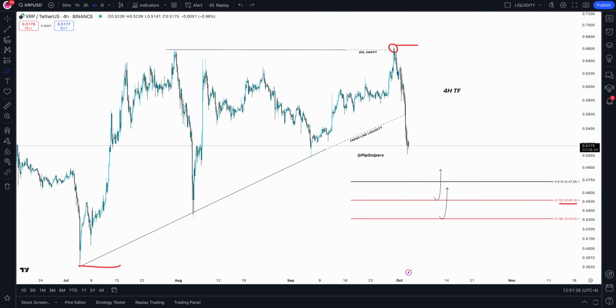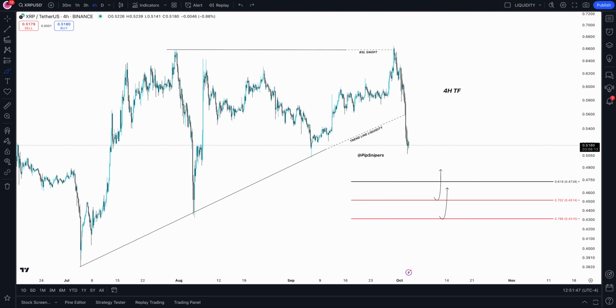Okay, so just to recap, we took out the liquidity resting above these range highs. The only liquidity we have left is the liquidity resting underneath this trend line. Okay, we already took out some of that liquidity, but it looks like we still have a little bit more downside to go before the price can see a hard reversal.